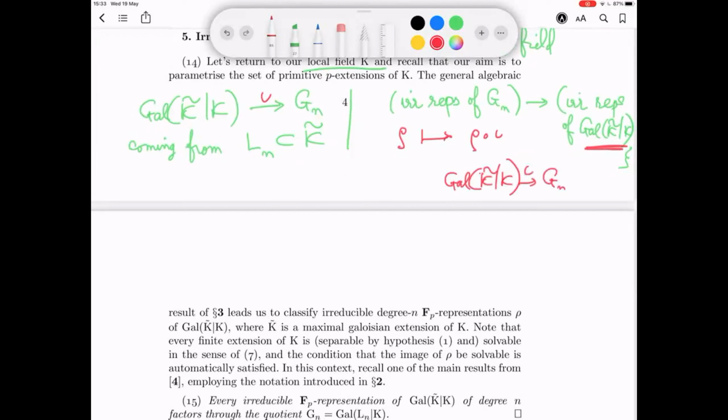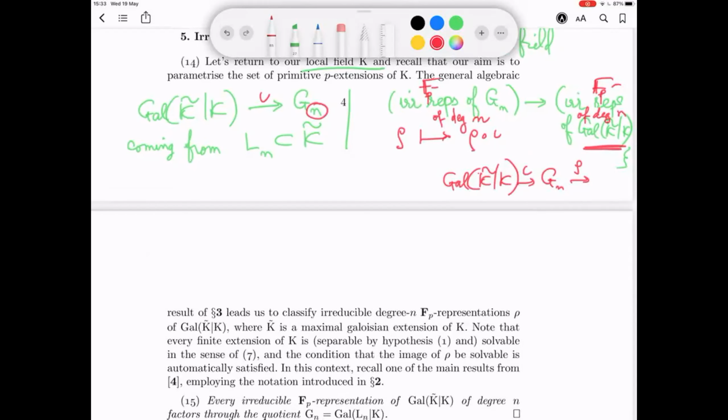That's my iota, and then I have this rho, which takes me to GLn. So I should really be more precise. I should say FP representations of degree n. These are not arbitrary degree n. So irreducible, I'll get FP representations of degree n here as well.